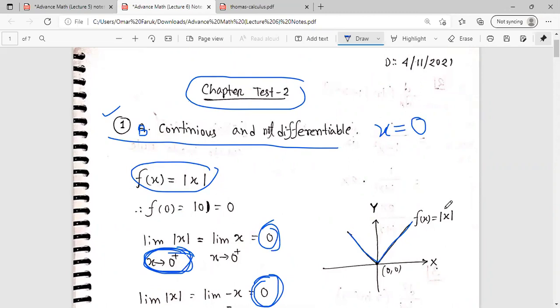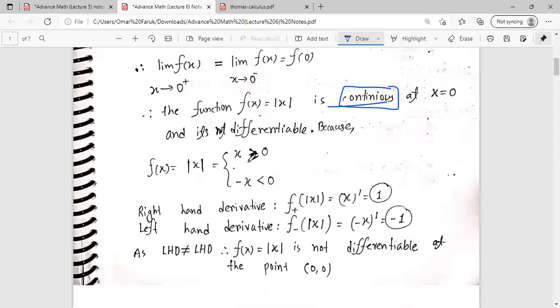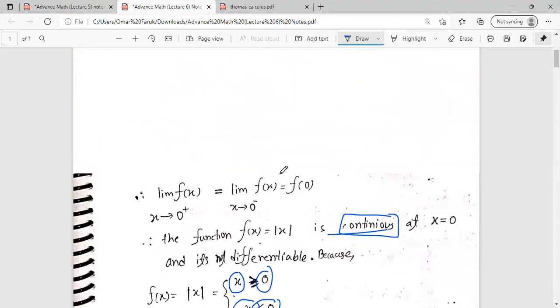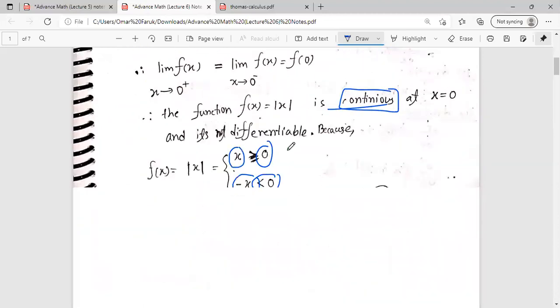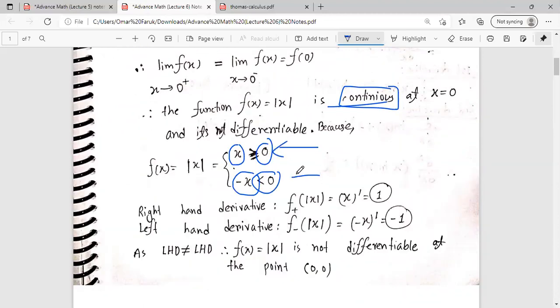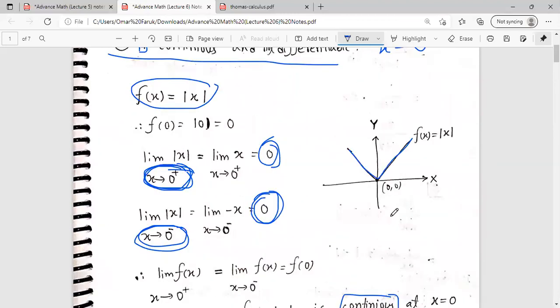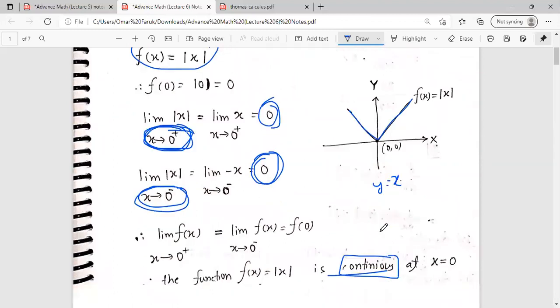For modulus x, we already know that it can be plus x when x is greater than 0, and it can be minus x when x is less than 0, right? So if you graph these functions, it is y equal to x and y equal to minus x.